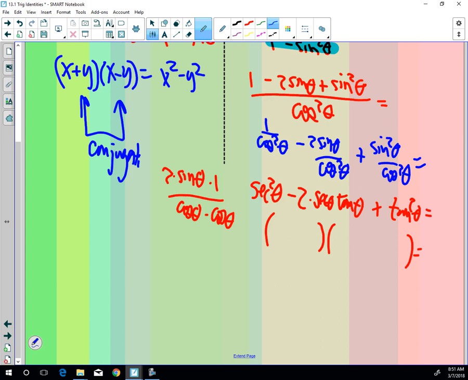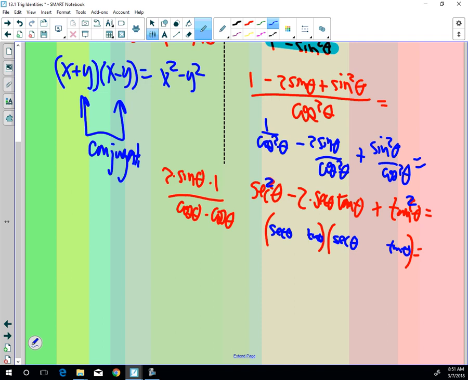Does this factor? Walker, what do you think? No? What do you think, Nathan? Does this factor? Remember, this is squared. This one's squared. Yeah, I think it does. Secant theta, and this is going to be tan theta.